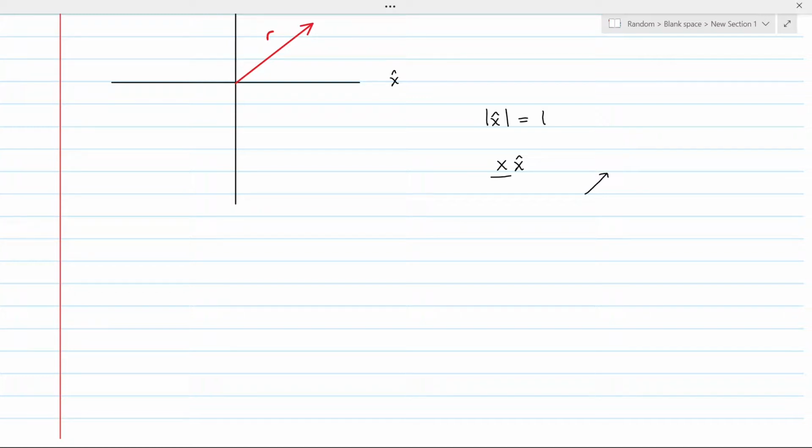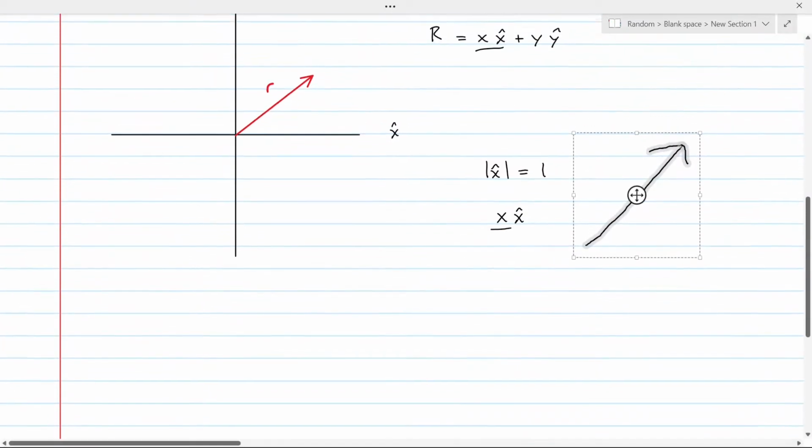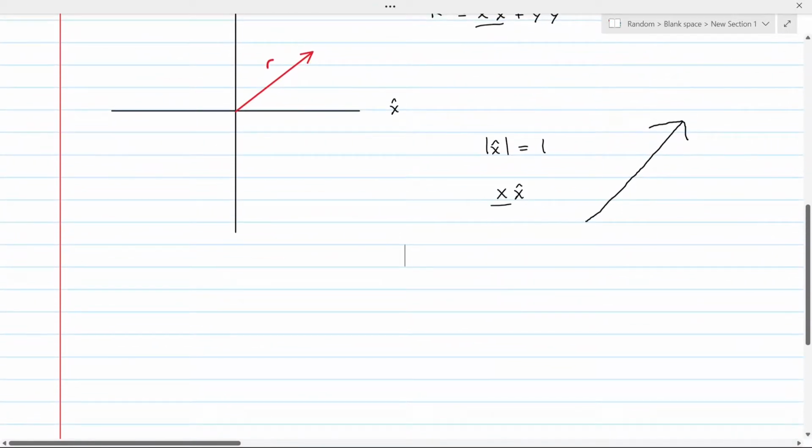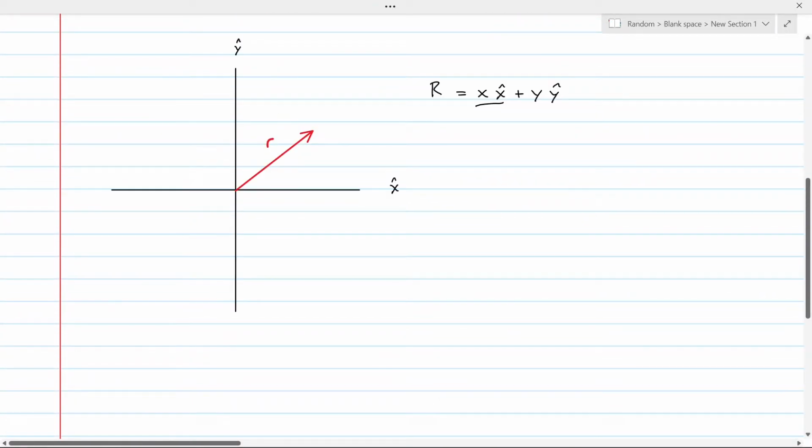The scalar just acts to increase the size of the unit vector, right? Scales it. And so we can tell you where your position is by some linear combination of x hat, y hat, scaling those unit vectors appropriately.